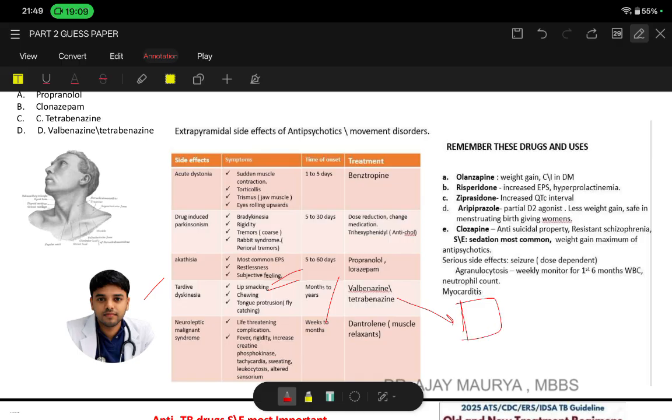What chromosome number is Huntington disease? Chromosome number 4. Okay? What is the repeat there? CAG.